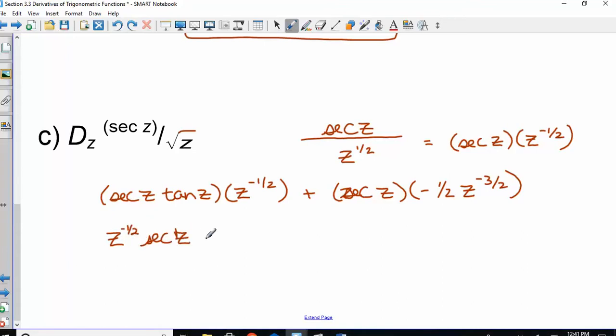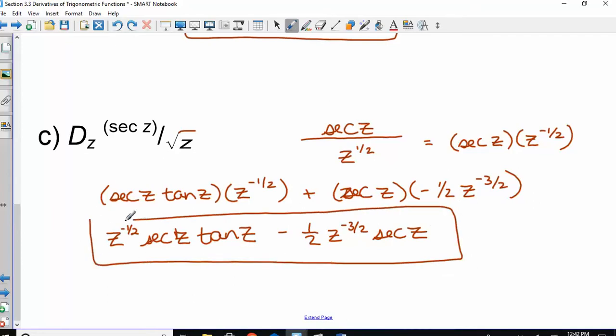Order doesn't matter. I would appreciate if you bring coefficients forward, so I'm going to put -1/2 z to the -3/2 secant of z. Is that okay?